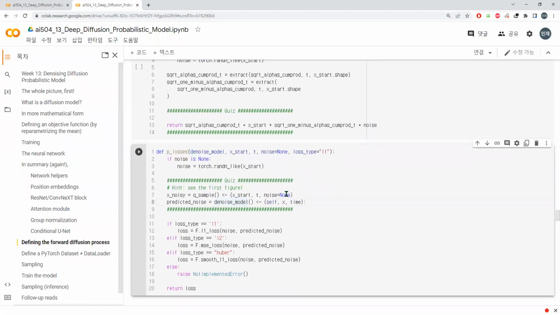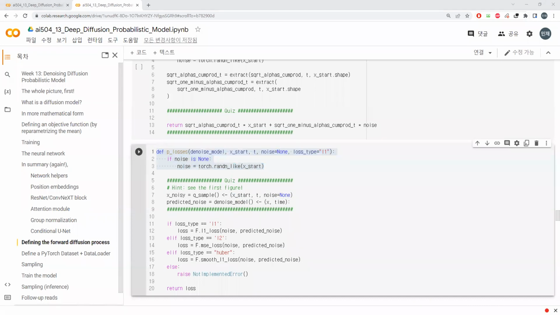So delete the self, and the input arguments for this denoise_model should be x and time. And please match this target input argument using this variable. I mean, rephrase this argument using this.